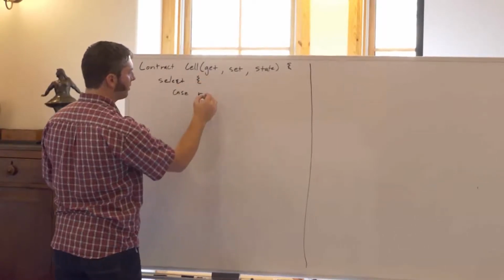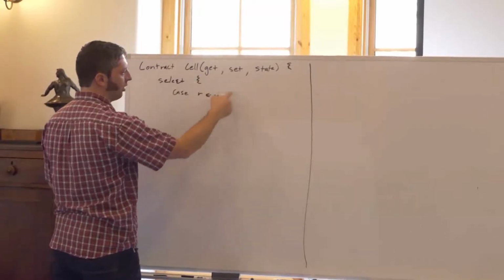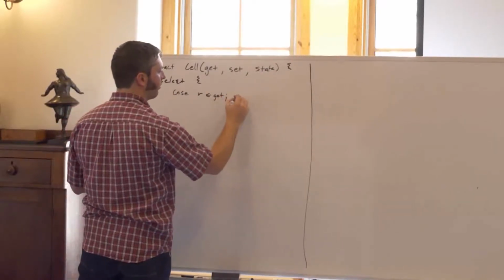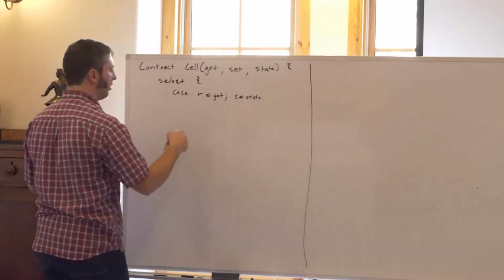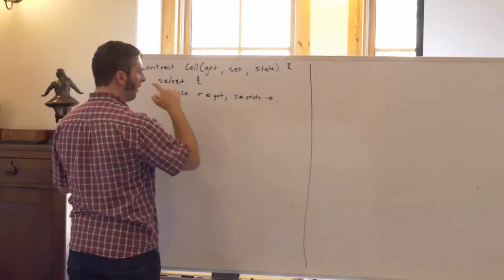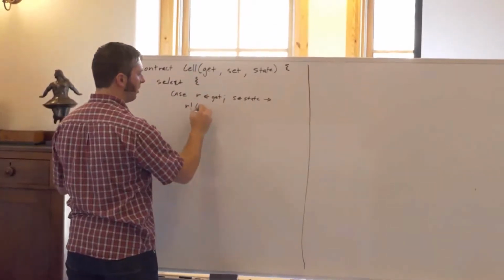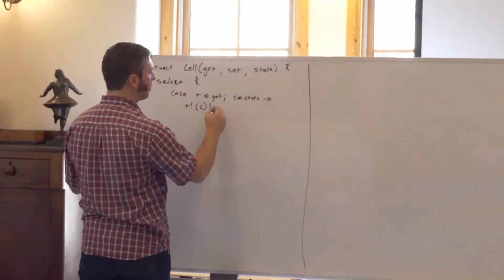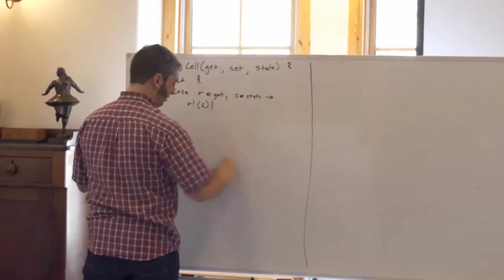So the get will give us a return channel. And at the same time, if we're going to get, we need the value. We need to lock the state and get the state. Then we're going to send the state that we got, and in parallel we're going to put it back.